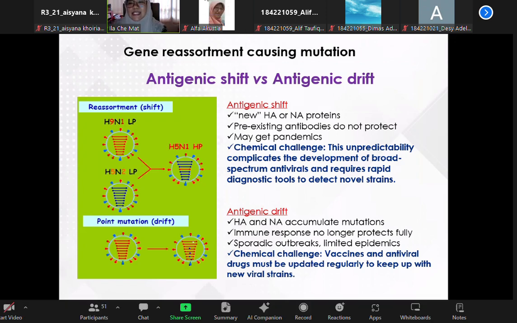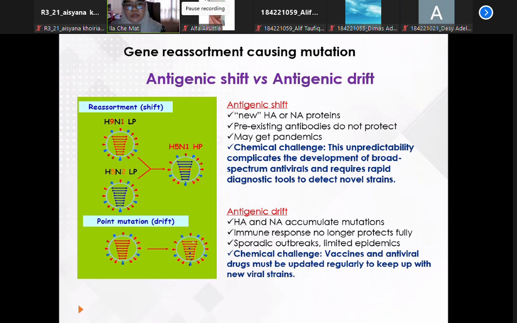But then the new one comes, H5N1, which is the combination of the two strains, H9N1 and H5N2. So now your pre-existing antibody no longer protects you. Even though the strain is almost similar, your antibody is not working, so you still get the disease.